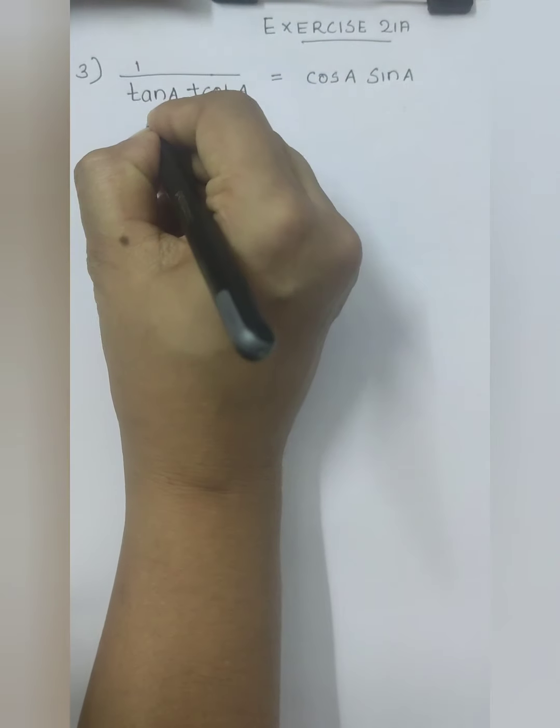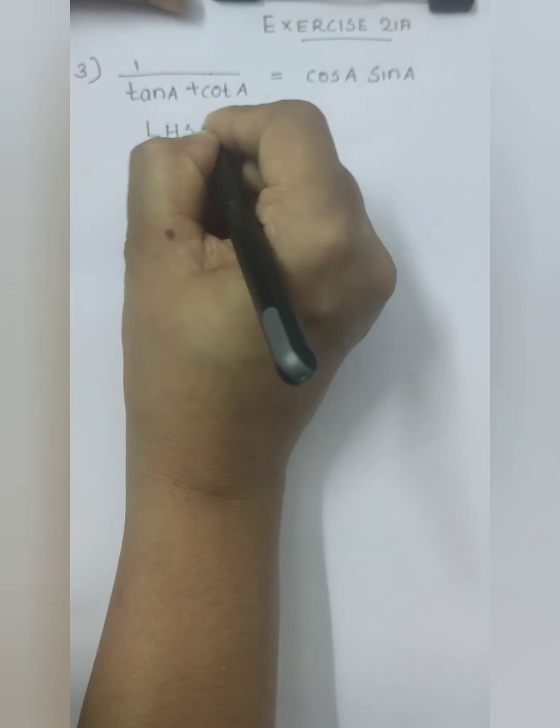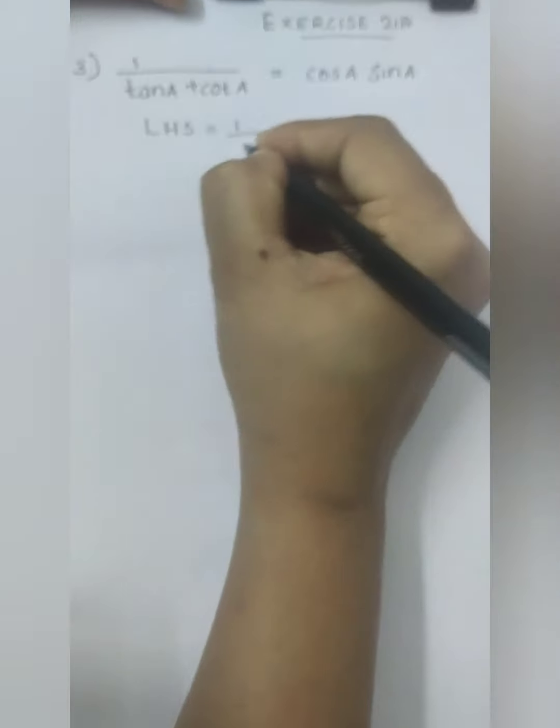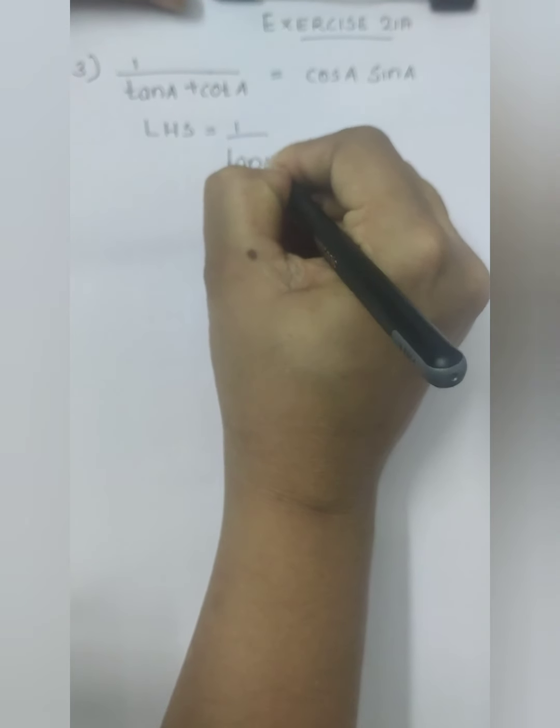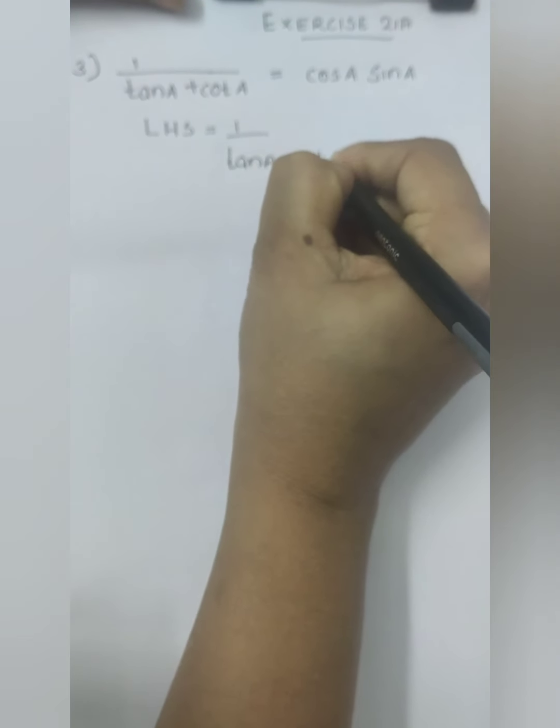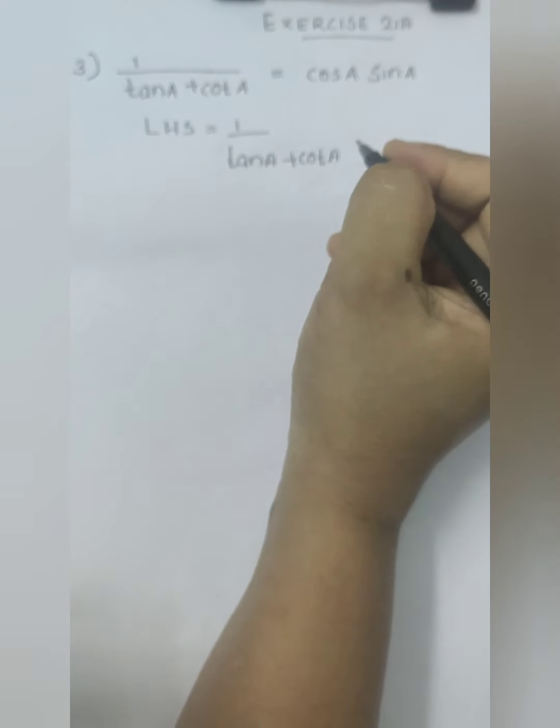Question number 3. Prove that 1 by (tan A plus cot A) equals cos A into sin A. So LHS equals 1 by (tan A plus cot A).